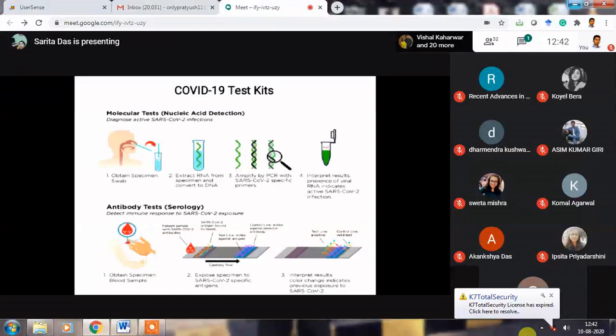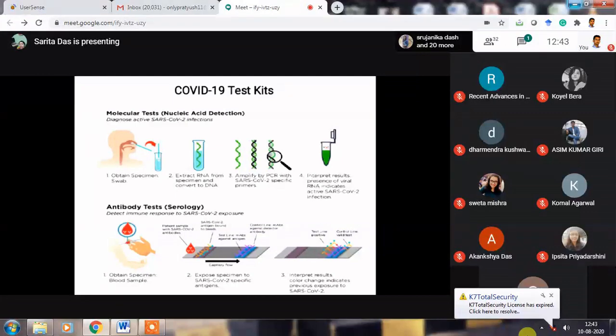For working on any recombinant protein, as I said in the beginning, we need to know the sequence first. So the SARS-CoV-2 virus has been sequenced, and then the specific antigens are being produced, which are coated onto these handy strips.